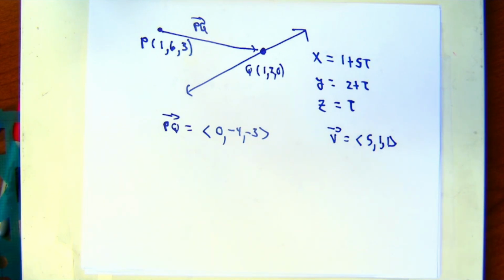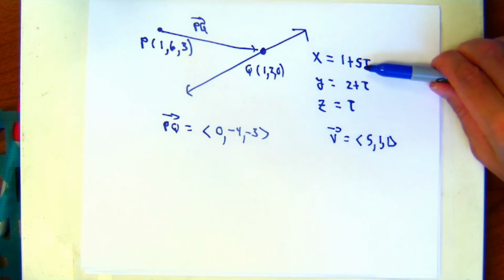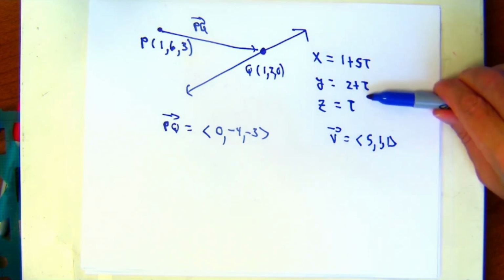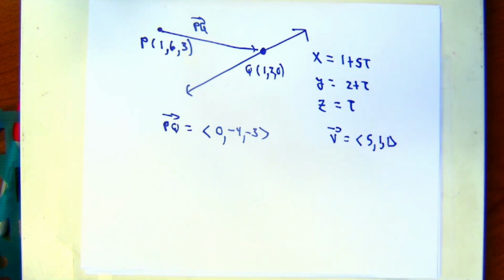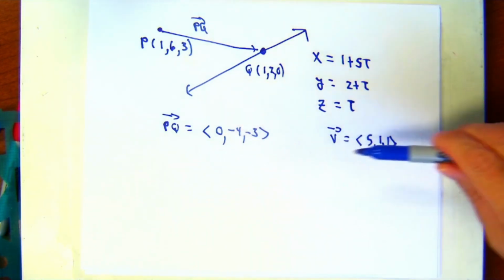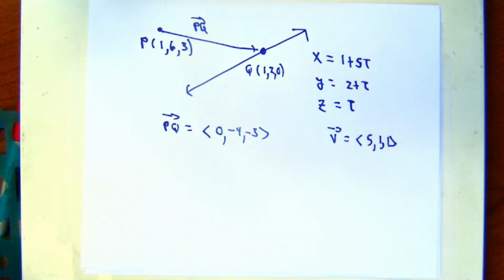The direction vector for the straight line has components which equal the coefficient of the parameter: 5 times t, 1 times t, 1 times t. So the V vector that I'm going to use has components 5, 1, 1, 5i plus 1j plus 1k, if you like. I have to calculate the cross product of these two vectors.